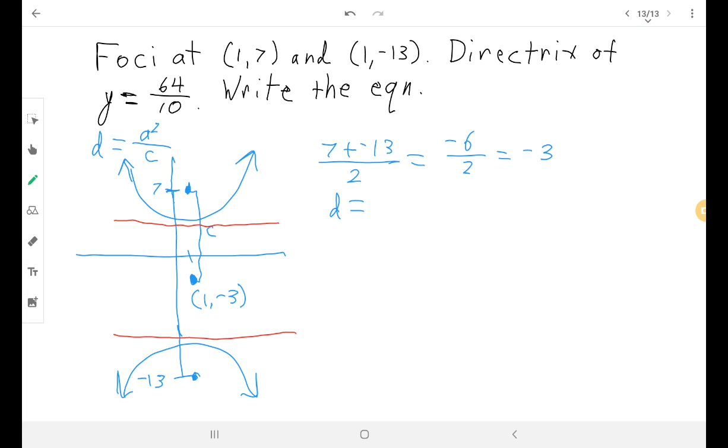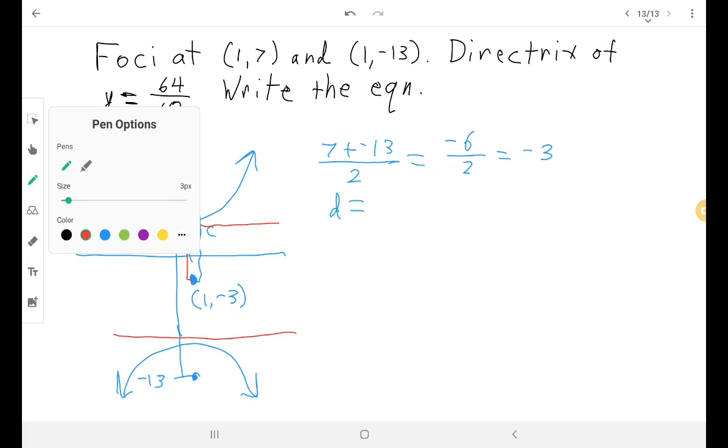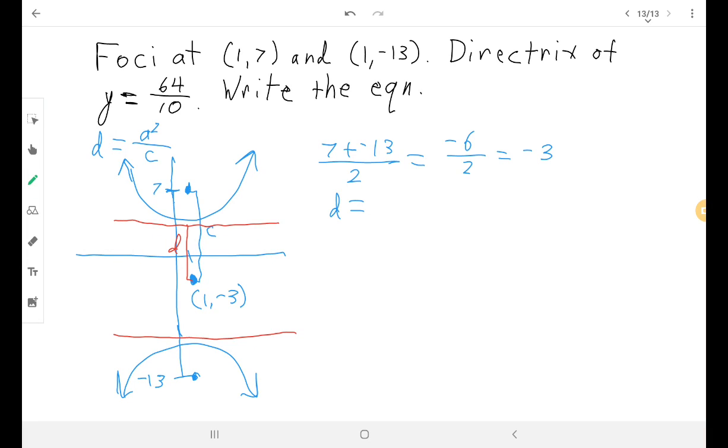And the distance is that distance d from the center to it. So how do I get that distance? Well, it's just a matter of subtracting, right?